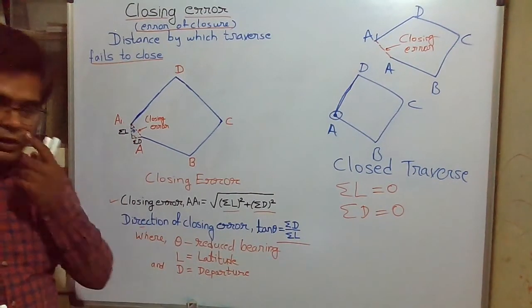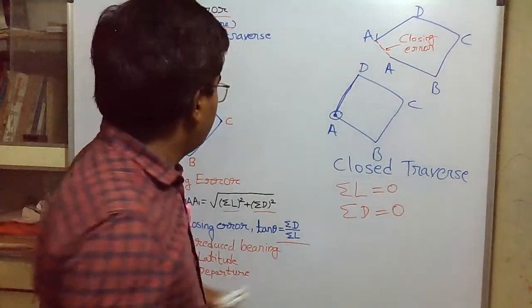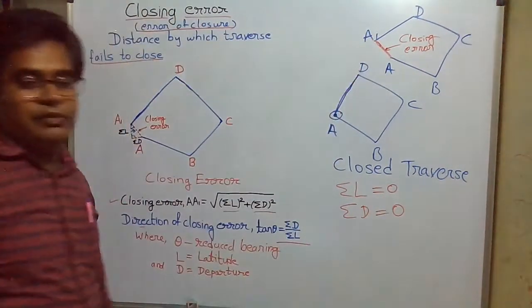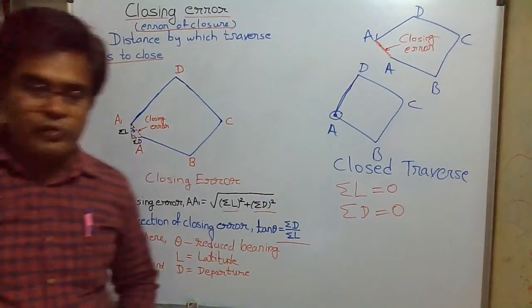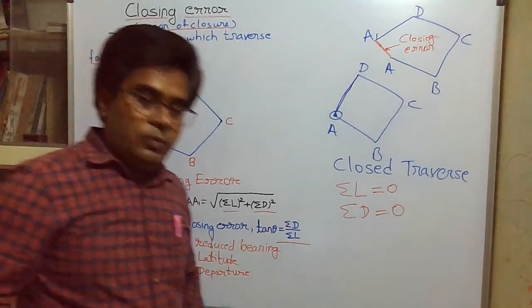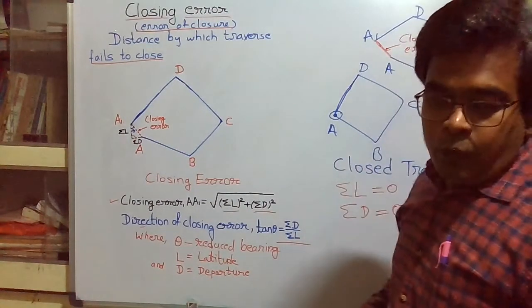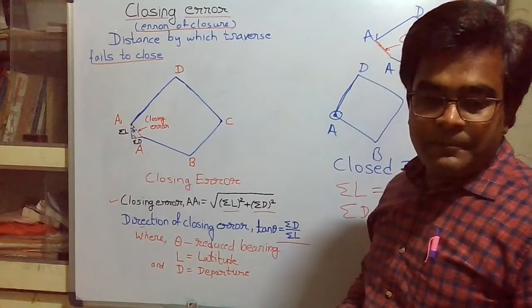Okay, so got it. This is the closing error: the distance by which the traverse fails to close. Now, if there is a closing error, then for plotting we should balance it.